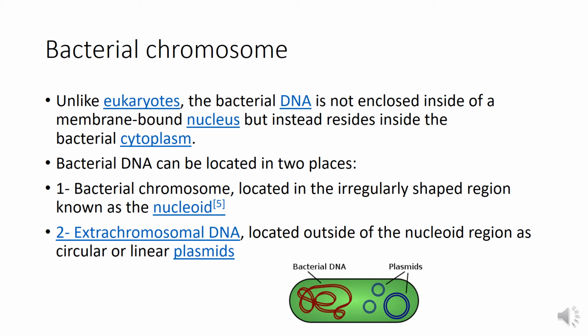First, the bacterial chromosome, which is clear in front of you, located in the irregularly shaped region known as the nucleoid. Second, extrachromosomal DNA located outside of the nucleoid region as circular or linear plasmid.